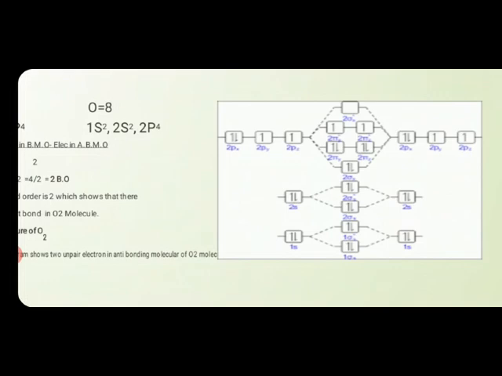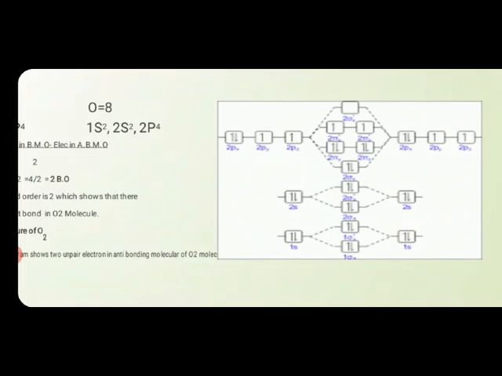The same way, 2py will join 2py forming pi 2py and pi star 2py. Now the 2pz will combine with 2pz forming pi 2pz and pi star 2pz. Initially there were 2 electrons in the 2px, so the 2 are placed in sigma 2px.